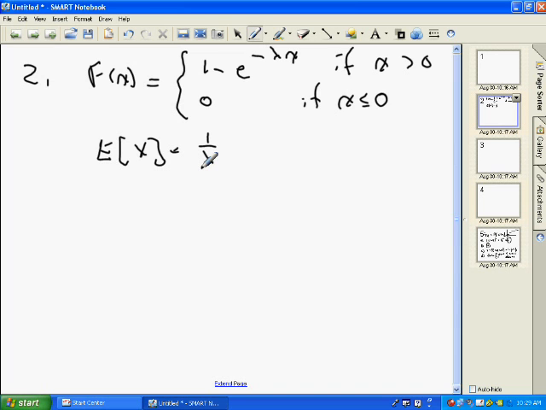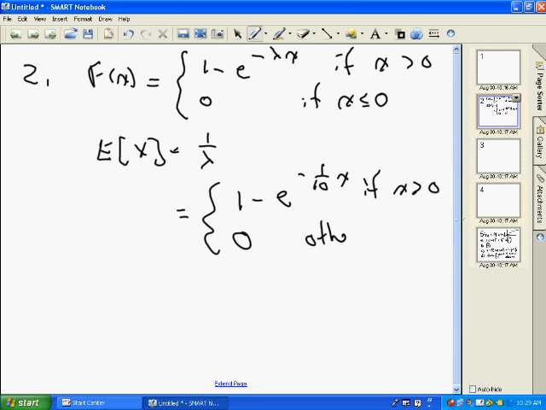So if you let your units be minutes, the answer for this problem is 1 minus e to the minus x/10 if x is greater than 0, and 0 otherwise.